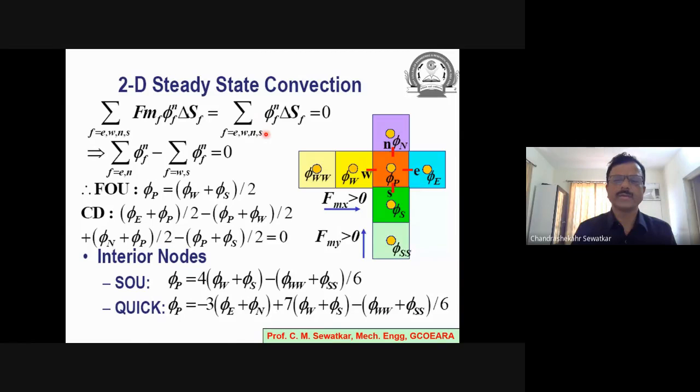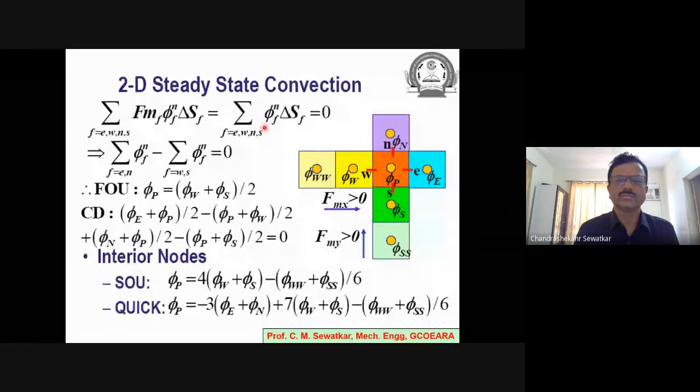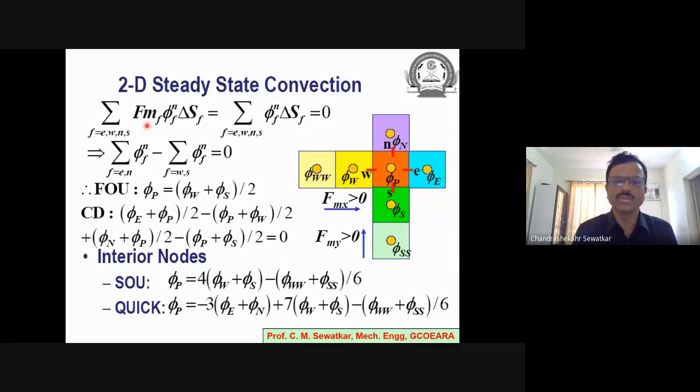If I look at the equations carefully here, I can write down this equation now because this quantity is all equal to 0. This m_F is not 0, because my mass flux cannot be 0, so the summation of the rest of the quantity is equal to 0.